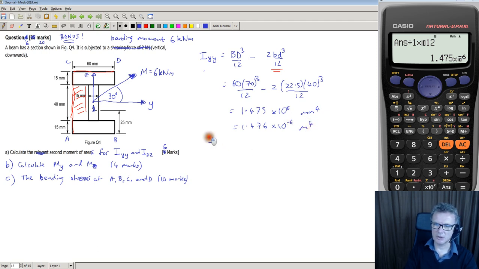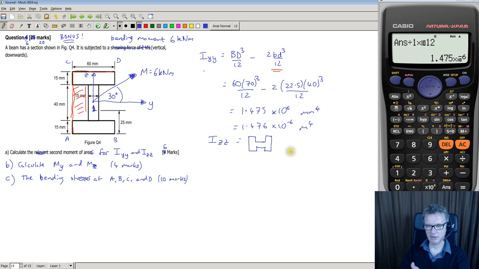So now let's do IZZ. So you've got to imagine this thing now as an H-beam. And I don't think the void method helps me this time. Actually, can you see with a symmetric H-beam, what is the best method? It's not the void method.